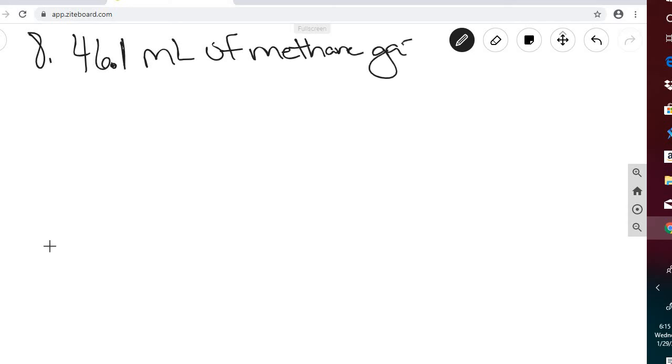Okay, number 8, next to the last one. A bacterial culture that's isolated from sewage produced 46.1 milliliters of methane gas, and it tells us that this was at 25 degrees C and 780 torr.